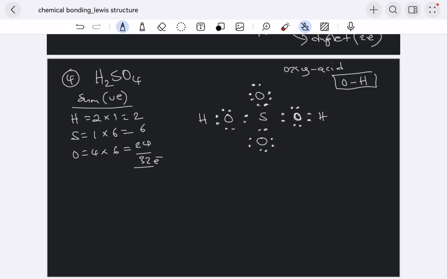So we realize that we have distributed all the electrons. And this can equally be written as this.